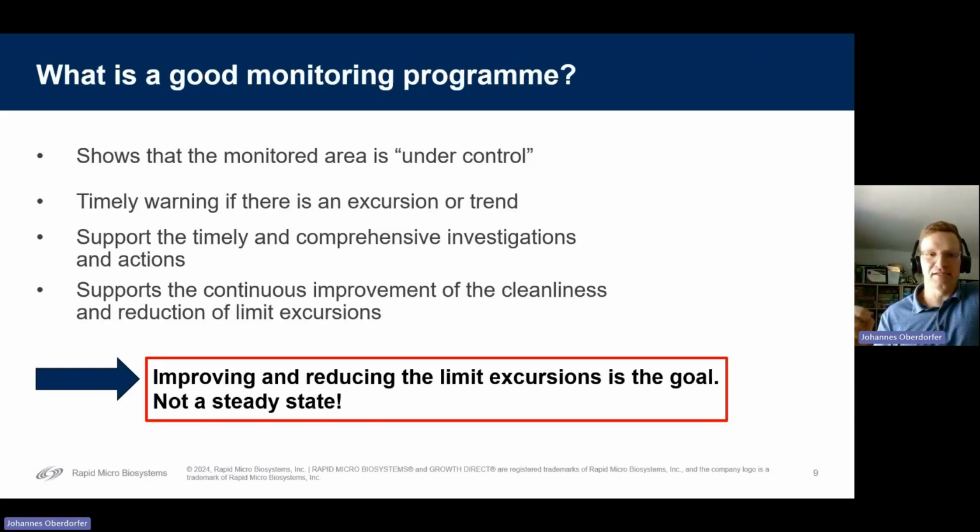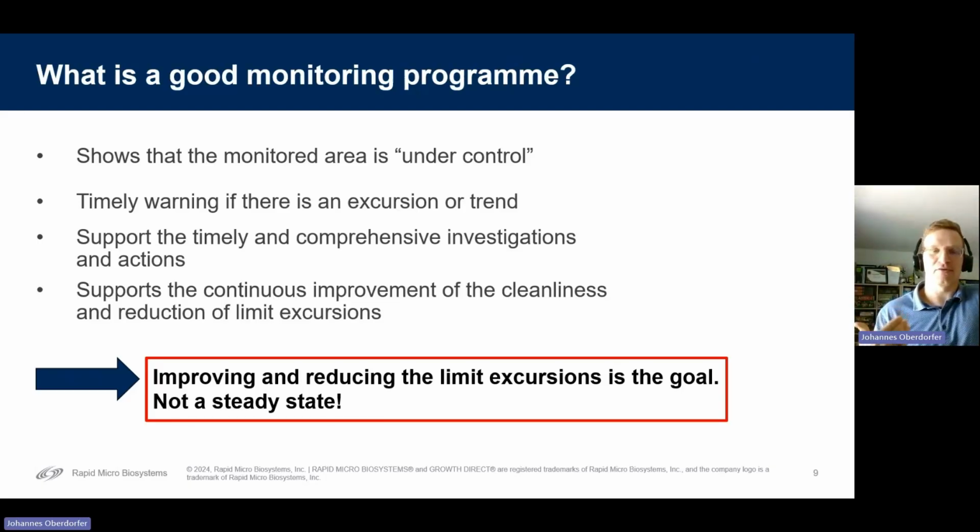So the essence is that a good, or I would also say a normal or standard, monitoring program should not ensure a steady state, but should show and give the opportunity to improve and reduce contaminations and limit excursions over time.